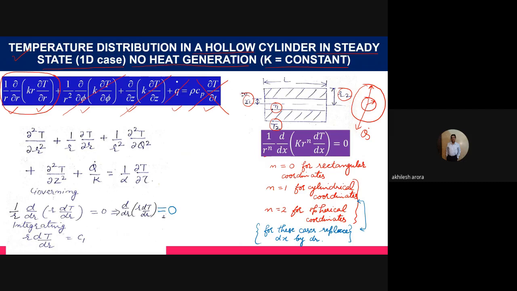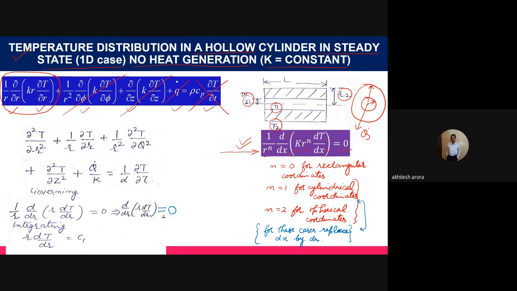And similarly, as I told you earlier also, we have a generalized version of this equation, the one dimensional equation. When there is no heat generation and it's a steady state case, we can use this particular equation: 1 over r raised to power n, d by dx of k r raised to power n dT by dx, is equal to 0.